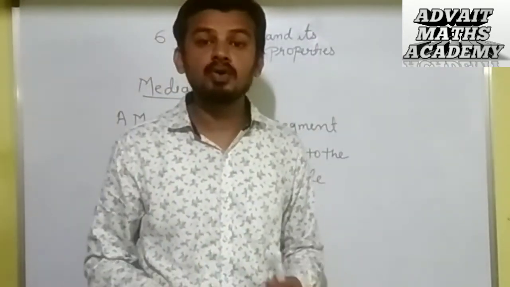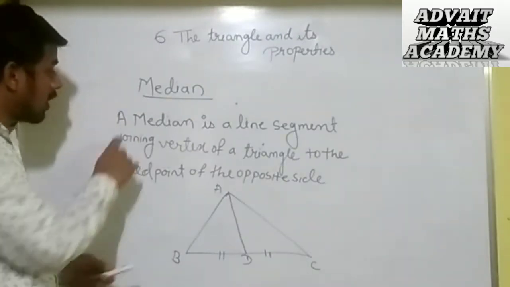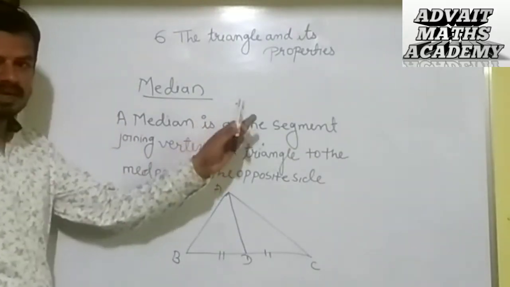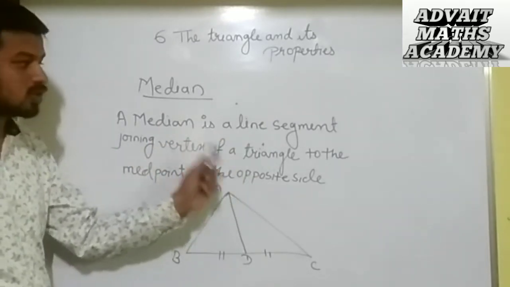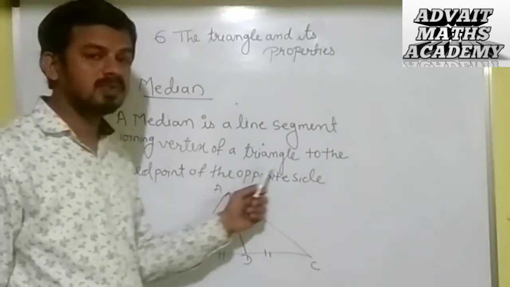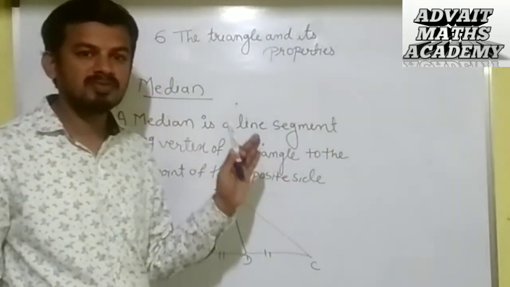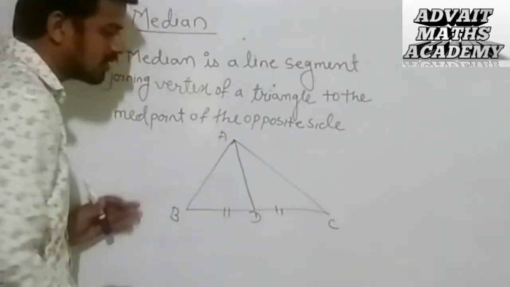Now we discuss the median. What is a median? A median is a line segment joining the vertex of the triangle to the midpoint of the opposite side. Say triangle ABC.